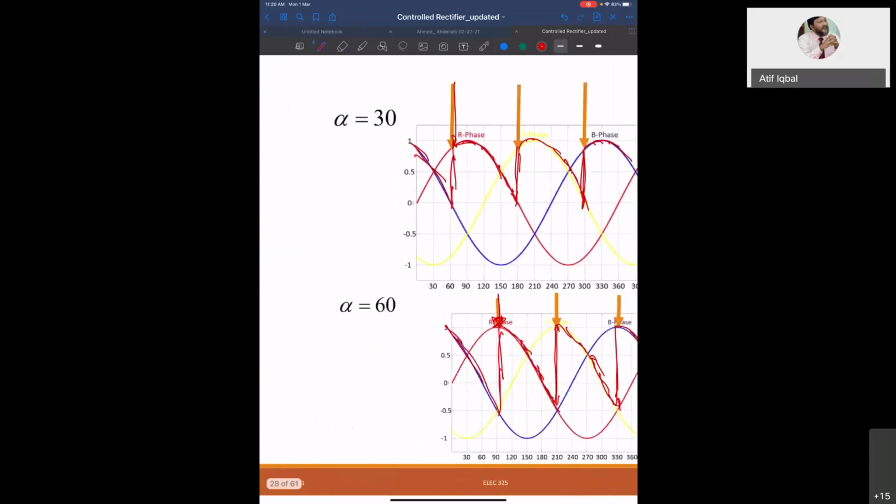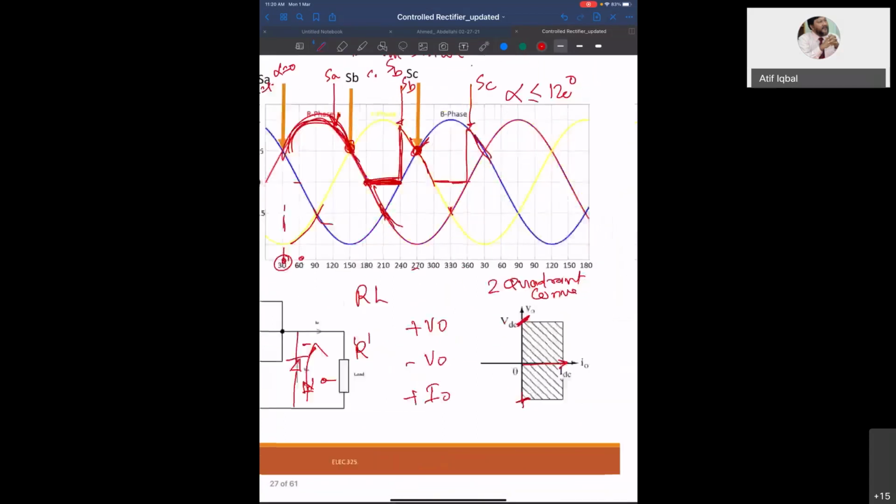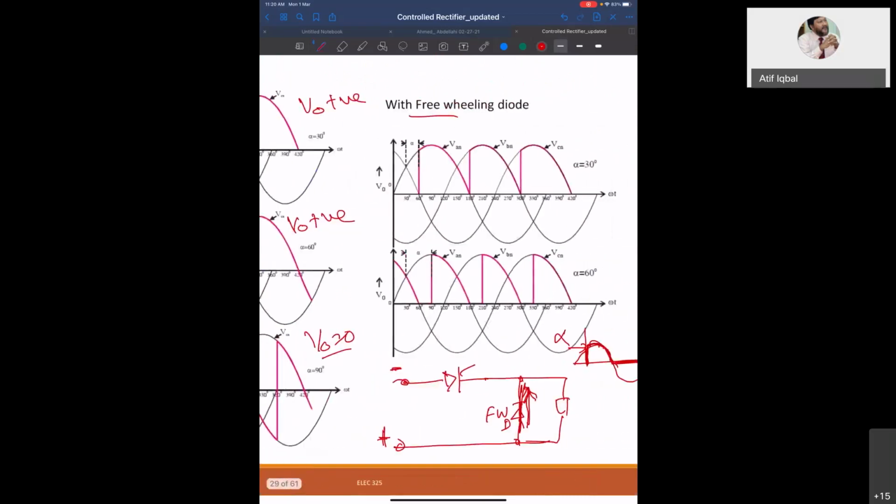What happens if you have a freewheeling diode connected here? Then it will not go in the negative, even if you have RL load. It will short at this point, because as soon as this gets negative and positive, it turns on the diode. This is what is shown here: for alpha equal to 30 degree, the freewheeling diode will not operate.